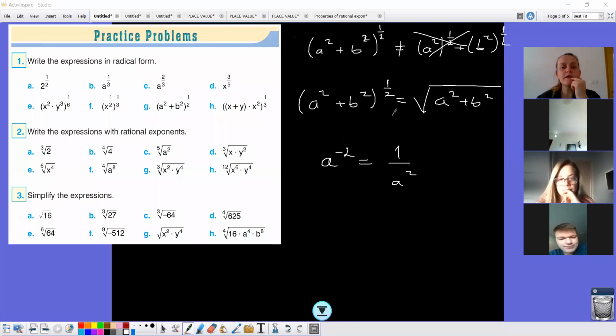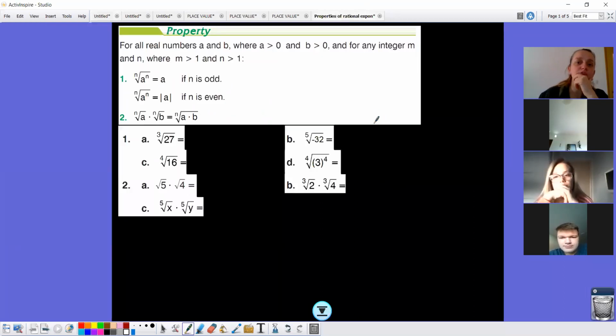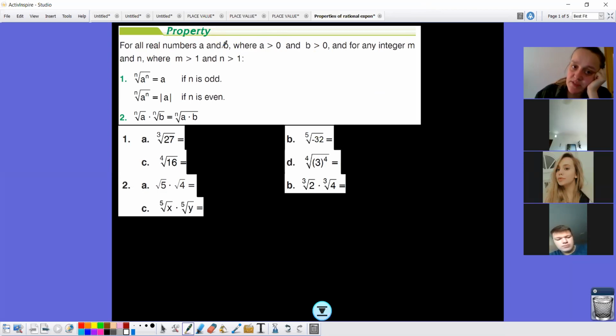No? Okay. So today we have properties of rational exponents. This is the first property. Here in the first property, we have real numbers a and b.